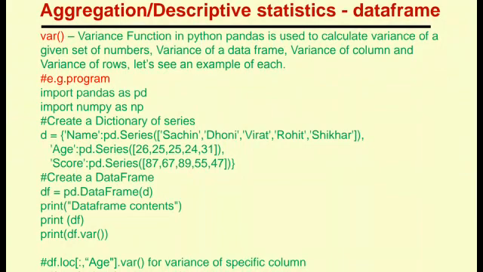Print bracket data frame contains. Print bracket df close bracket. Print bracket df dot var, which is our function name, var bracket opening and closing, and close bracket. So in this way we are going to use var function in our Python program.